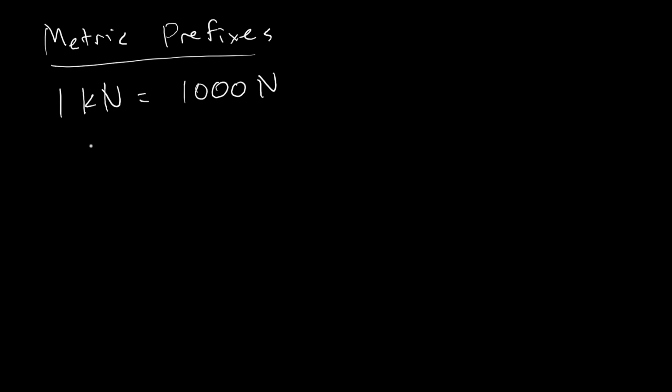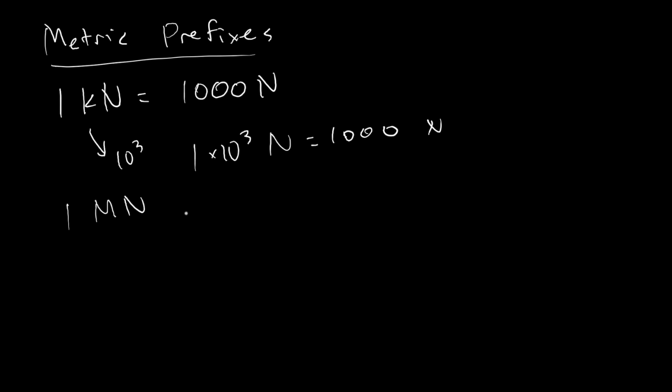And the reason is kilo stands for 10 to the 3. So 10 to the 3 newtons is equal to 1,000 newtons. So that's how it works. I could say 1 meganewton. Since mega is 10 to the 6, then we'd be looking at 1 million newtons. So you get the idea.